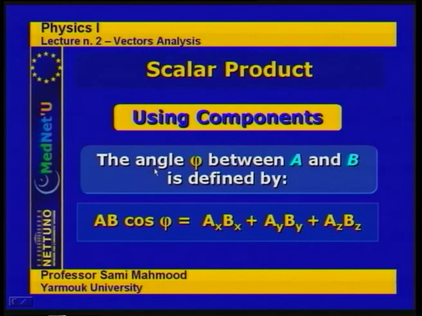If we write the dot product between two vectors A and B in its two forms, namely A dot B equals A times B times cosine of the angle between them phi, and in the second form, A dot B is equal to AX BX plus AY BY plus AZ BZ, and equate these two quantities, we can determine the angle between these two vectors.